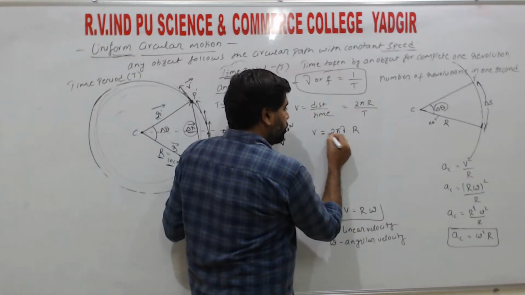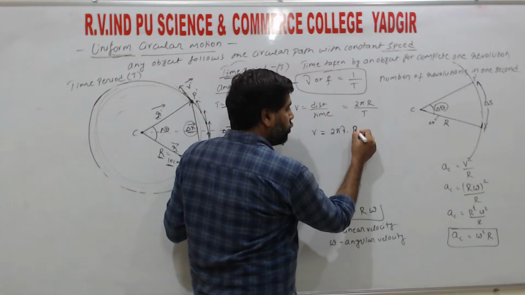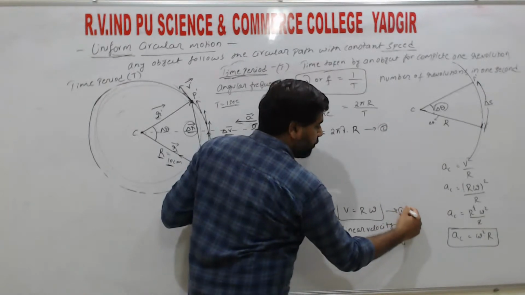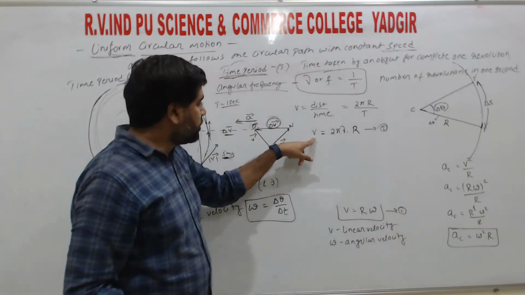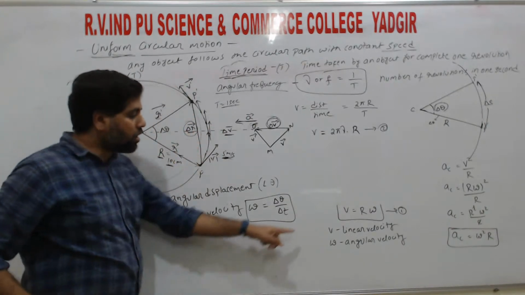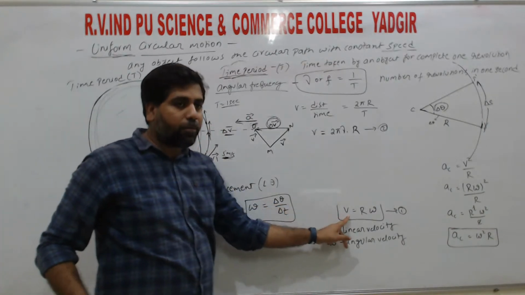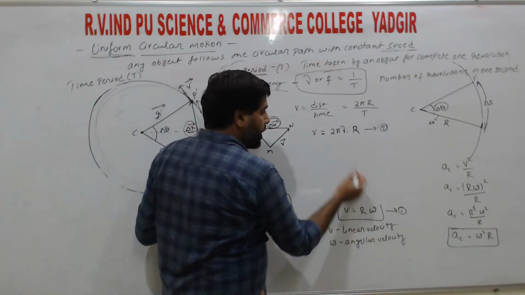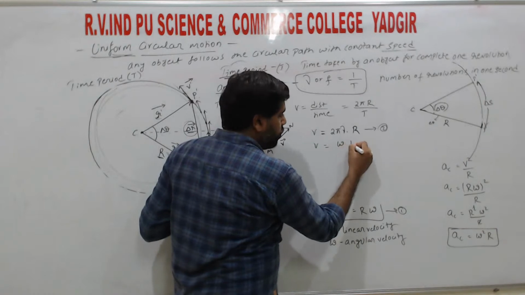So 1 by T is f or nu, and we get 2 pi nu into r. Comparing this equation with the first equation, this is also the velocity of the particle moving in a circular path, and we derived the velocity in terms of the angular velocity omega. So comparing these two, v is equal to omega r.